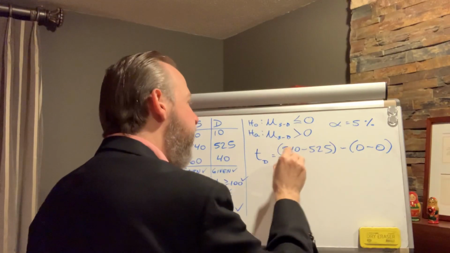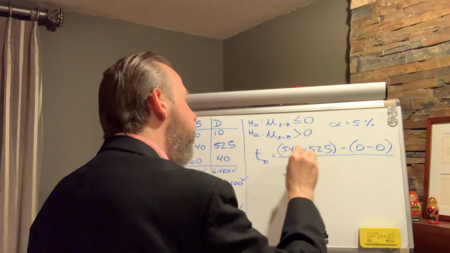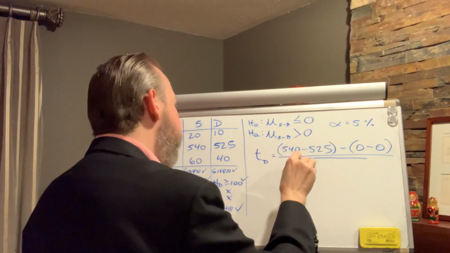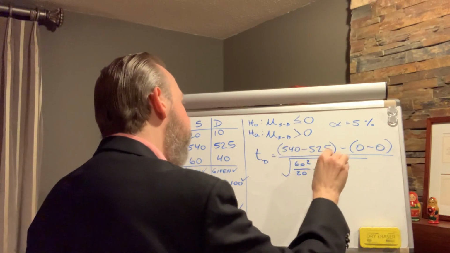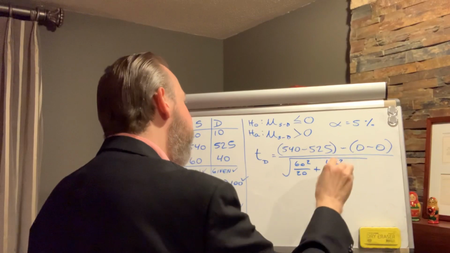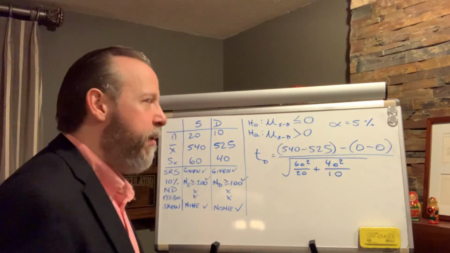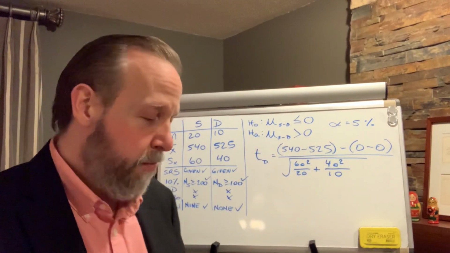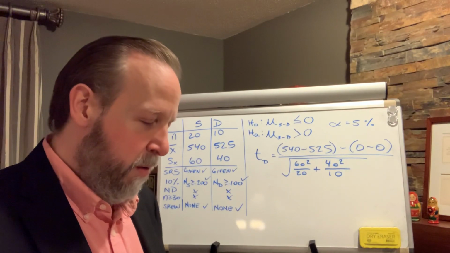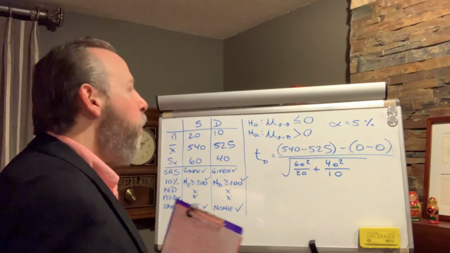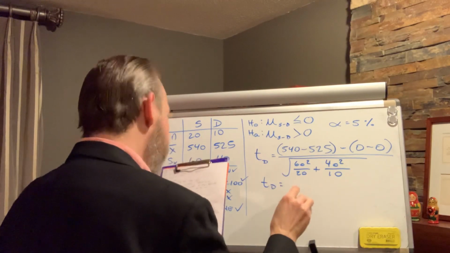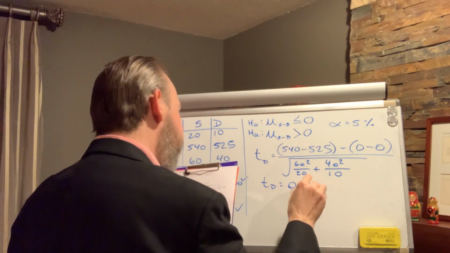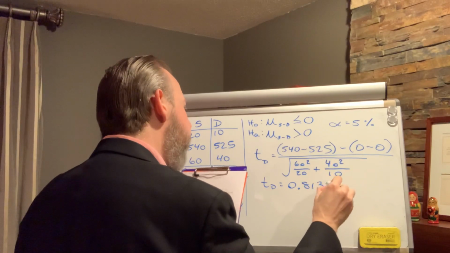Obviously, you don't have to write that down. I'm just placeholding it. 60 squared over the sample size of 20 plus 40 squared over the sample size of 10. That's my denominator. Okay, I trust that you can do this arithmetic. We're going to get a t-score for the difference of 0.8135.